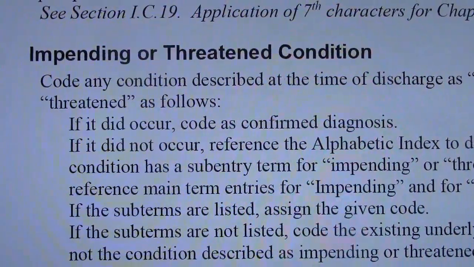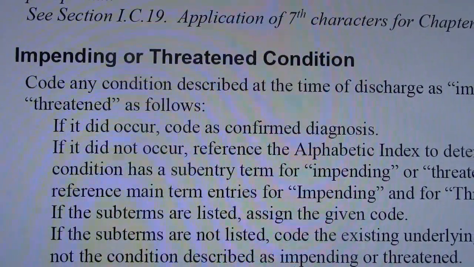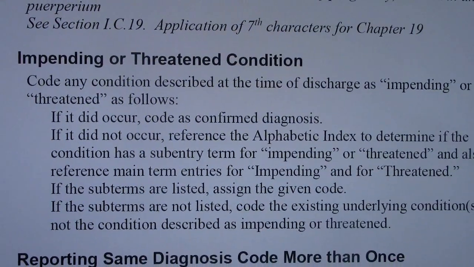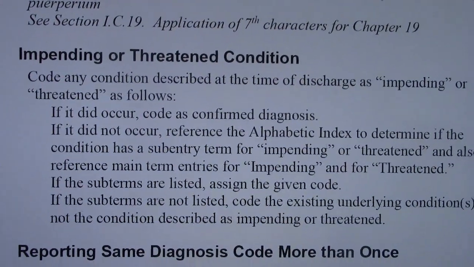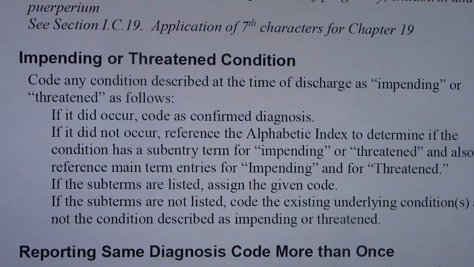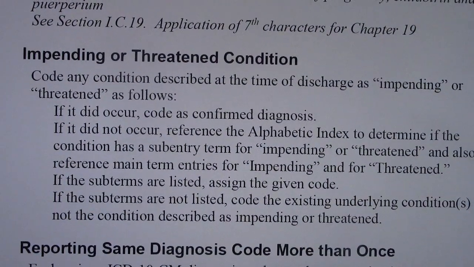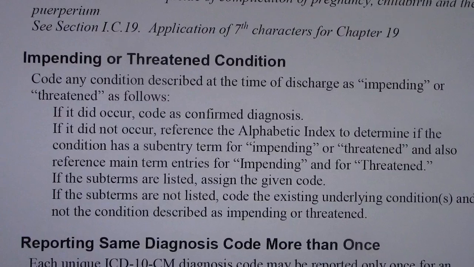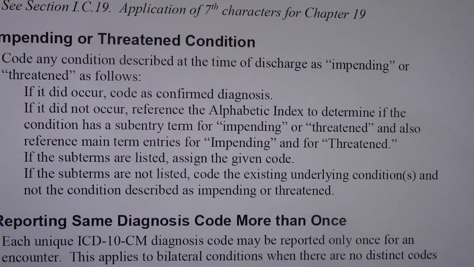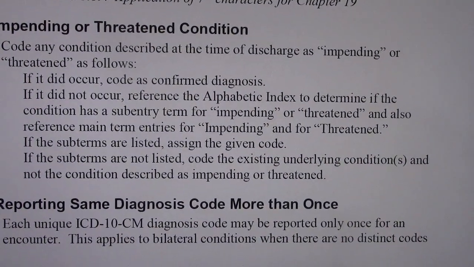It says, code any condition described at the time of discharge as impending or threatened as follows. 1. If it did occur, code as confirmed. If it did not occur, reference the alphabetic index to determine if the condition has a sub-entry term for impending or threatened, and also reference main term entries for impending and for threatened.